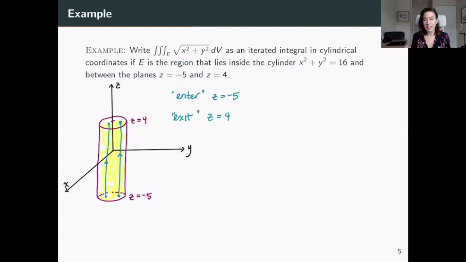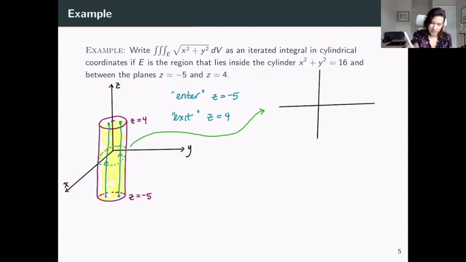And now we need to do the projection. And that projection is going to happen when I look at where I am sitting in my xy plane. So here, this projection, put it over here, we have our x-axis, we have our y-axis, and the region that we are considering is going to be a circle, and in this case of radius 4.